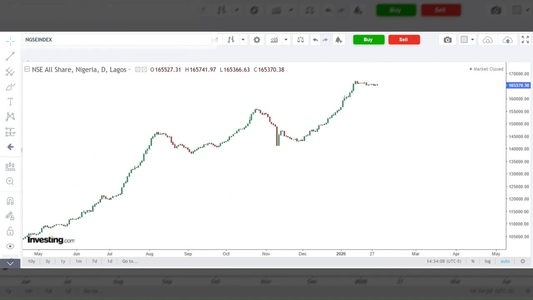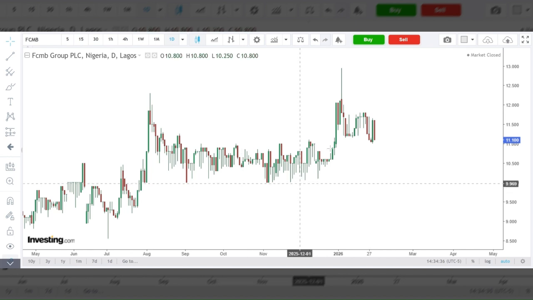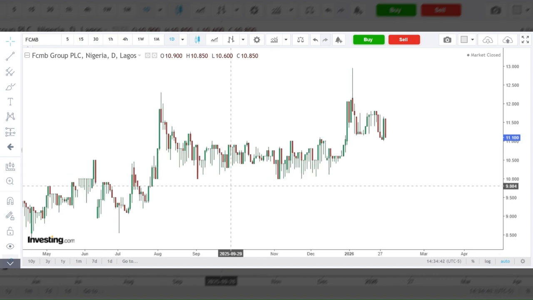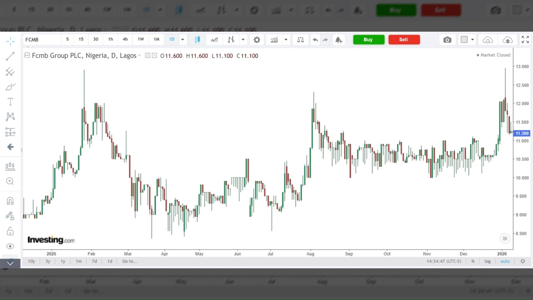However, when it comes to FCMB, we can see that it's very spiky. You don't even know where to start. Where will you get a signal? How will you start your technical analysis? Well, first of all, the fundamentals for FCMB are good. The earnings look good, so it's going to be worthwhile doing analysis on the stock.